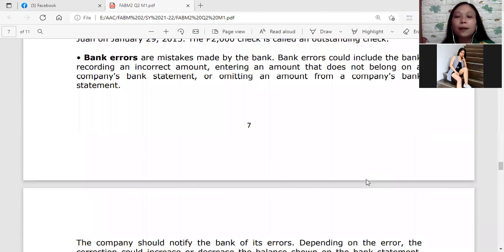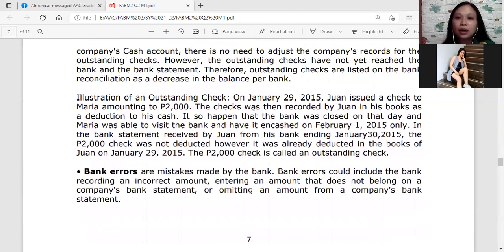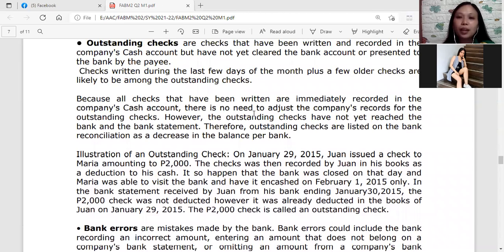Bank errors. Errors, from the word itself, means mistake. Outstanding check is actually part of your statement.